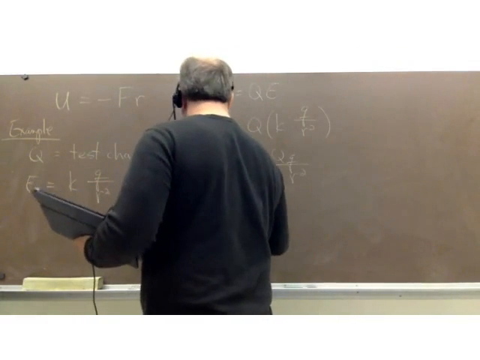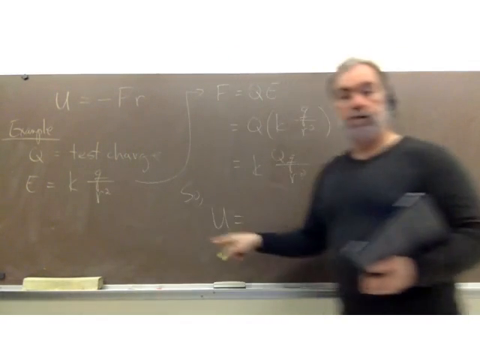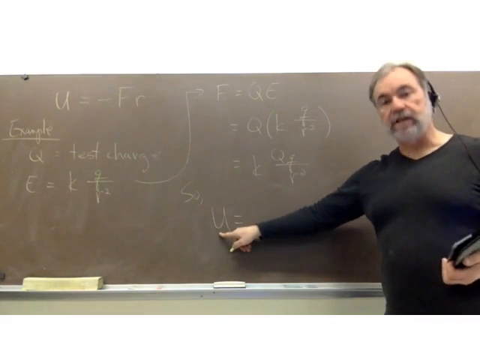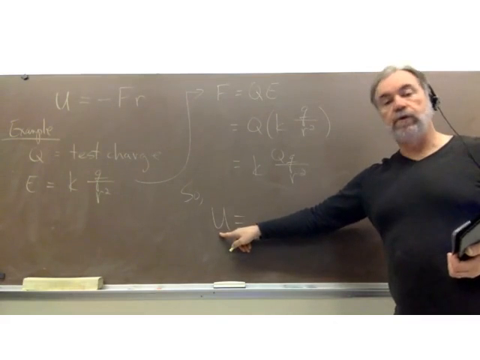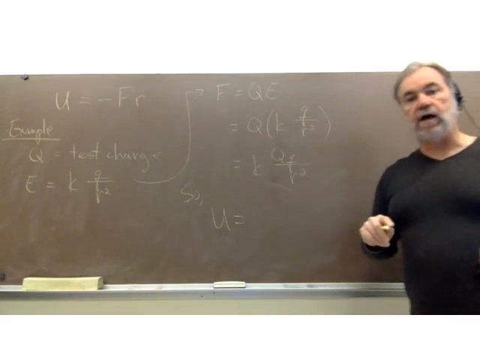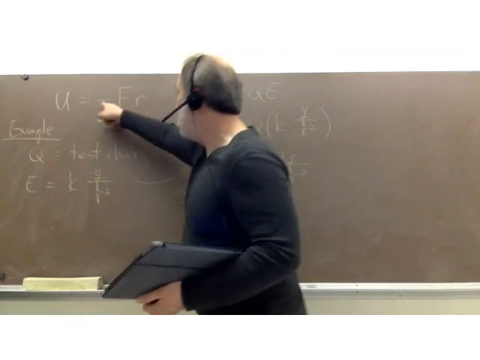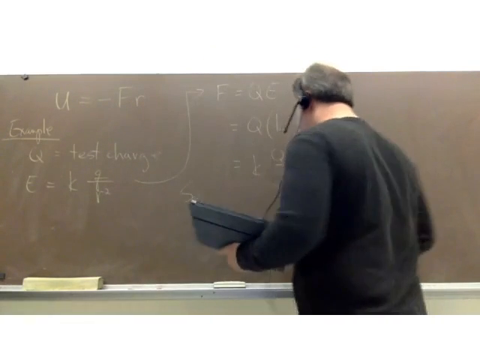So, the change of potential energy, remember, I should call it delta U instead of just U, but we typically leave delta off unless we really need it. So it's the negative of F times R, the negative of the work done.